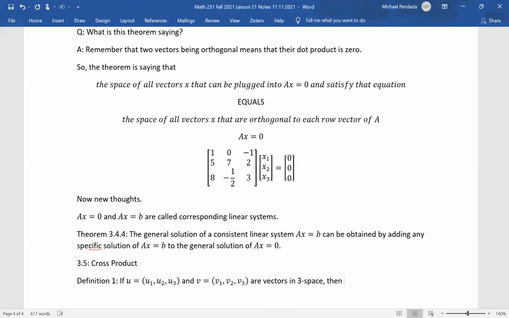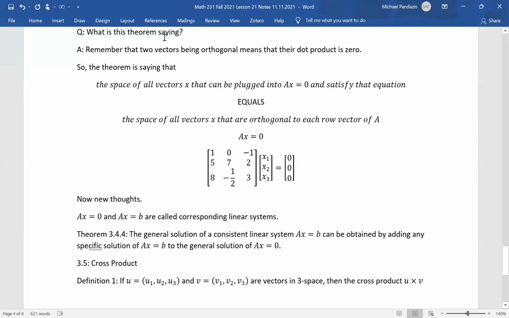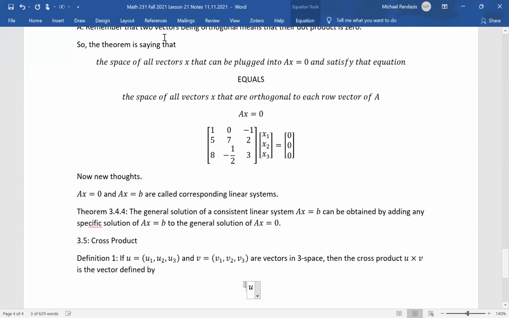Then the cross product U cross V is the vector defined by U cross V is equal to U2 V3 minus U3 V2, comma U3 V1 minus U1 V3, comma U1 V2 minus U2 V1.